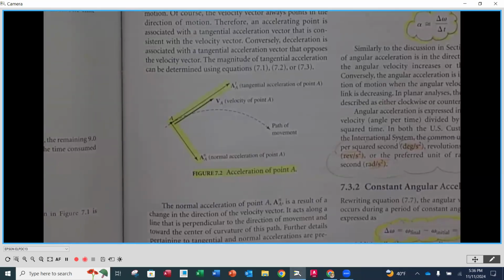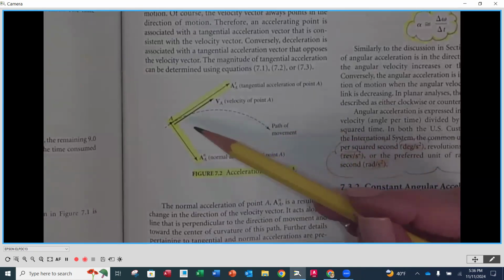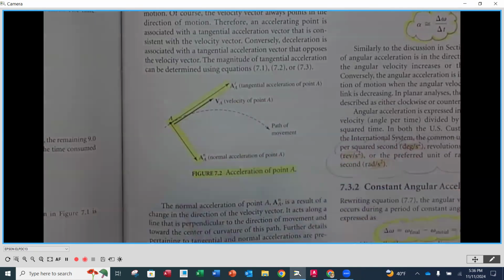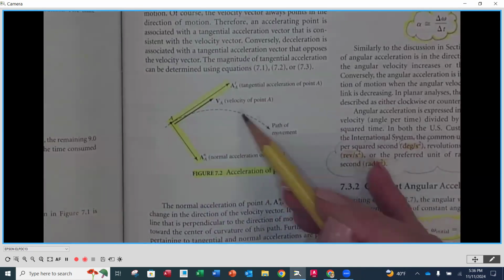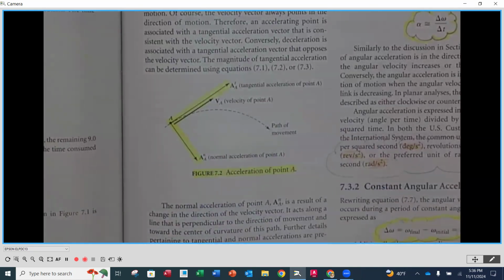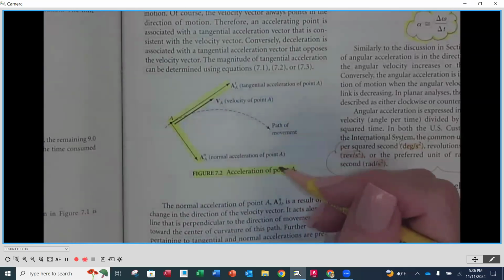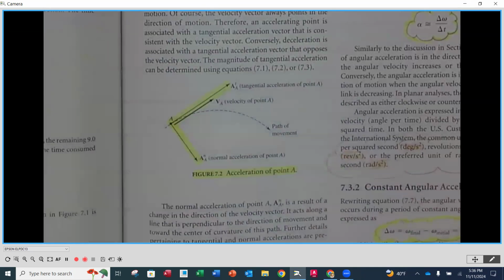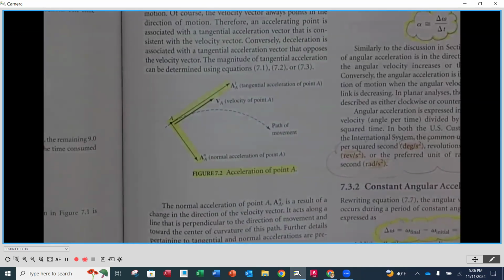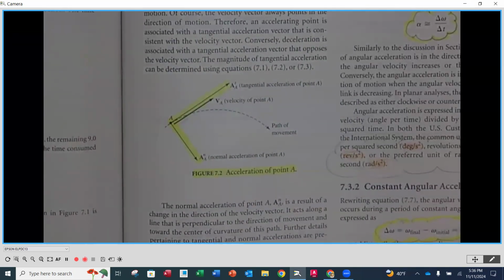So if we look at point A here, you're going to notice it has a path of movement that's an arc. That means it's rotating about a fixed center, so its motion is going around in a circle. Now, we know there is a straight line velocity component, as we learned and applied back in our previous module, module 3, chapter 6.